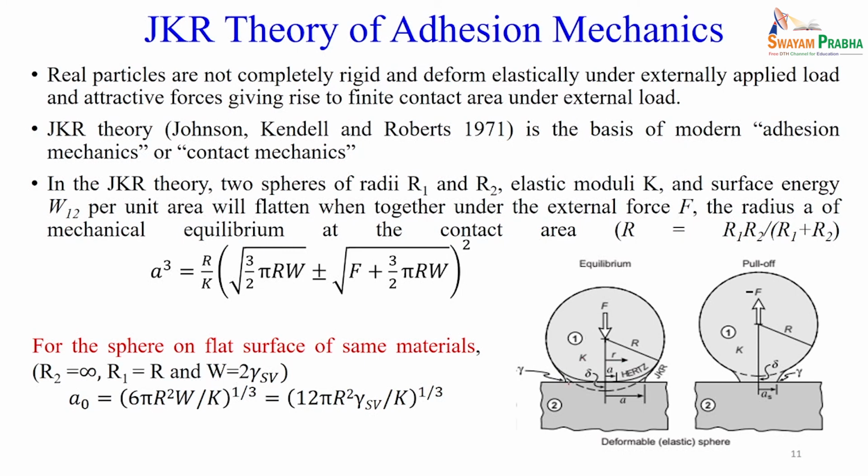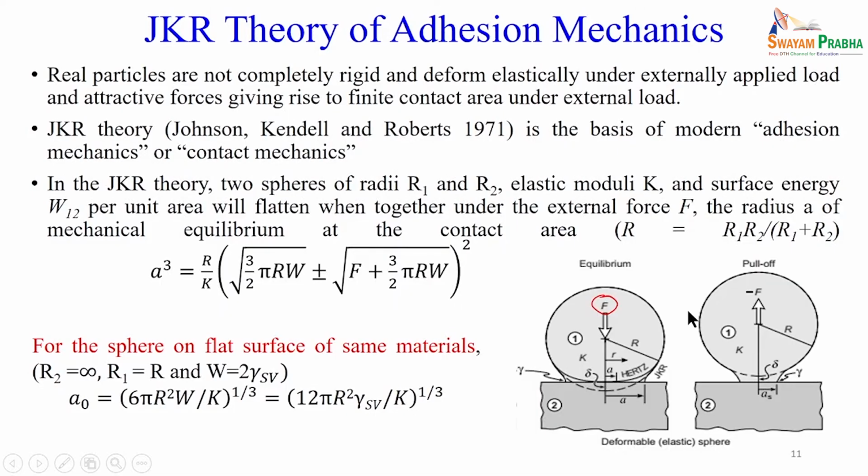This deformation, this dotted line, may be due to any applied force F, or even the attractive forces between the solid surface and the sphere. In any case, because of the presence of external forces or external load F, there may be deformation and the rigid structure may not be there.